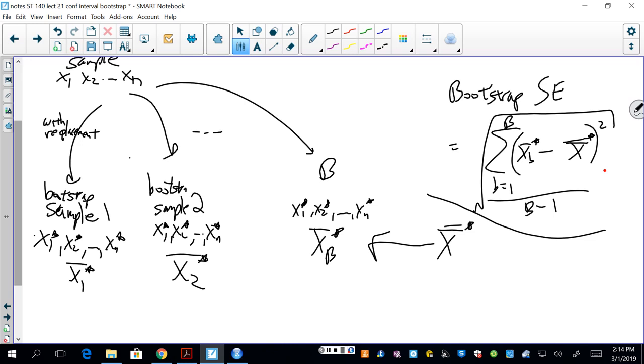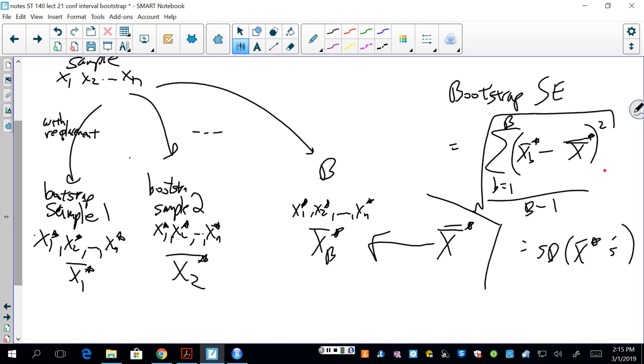That is really the standard deviation of the x bar stars, and that is what we're going to use as a way of getting the standard error.